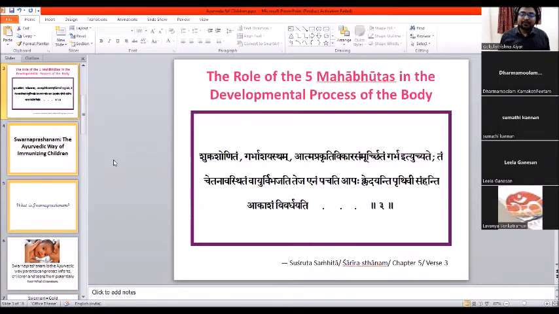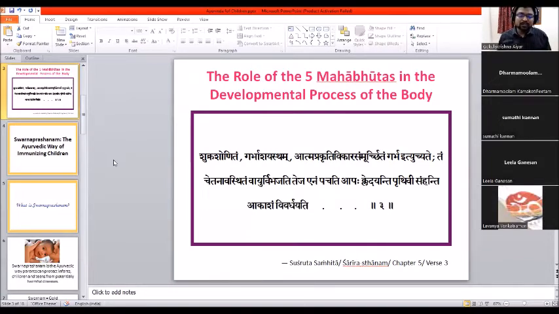So when a 9-month-old baby is born, all the organs are well formed. We call this Vyakta Avastha in Sanskrit. The word Vyakta means anything that is manifest. The word Avyakta means anything that is unmanifest.